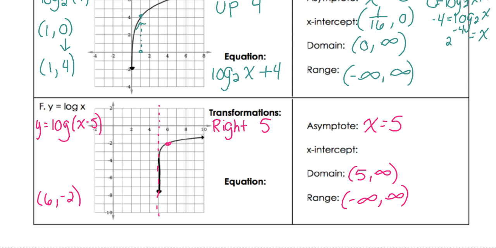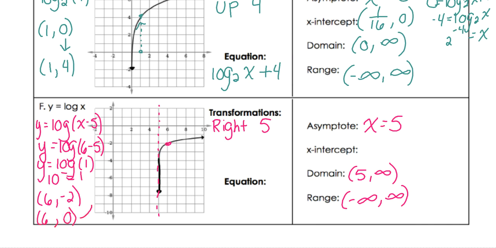So if I plug in 6 to my function here, that means I get the log of 1. Again, that means I am looking at 10 to what power equals 1. And I know that that has to be 0. So when I plugged in a 6, I got out a 0.